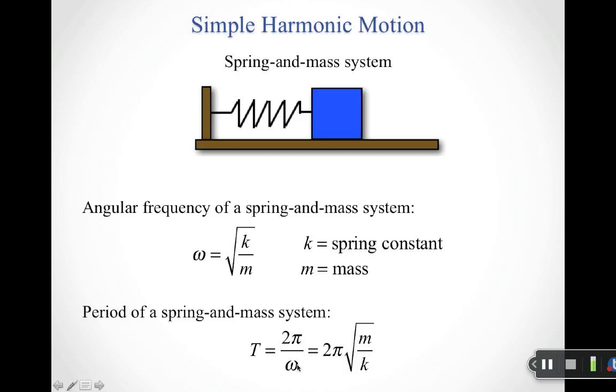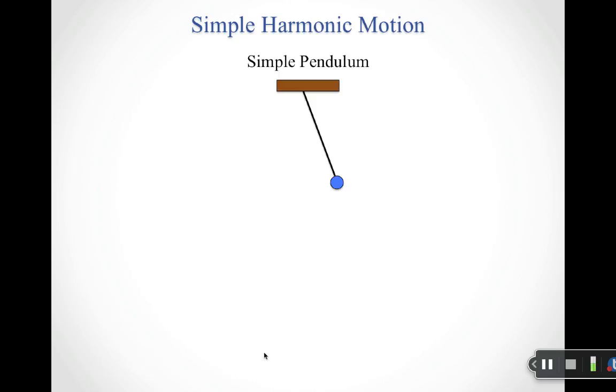The period is then just 2 pi over omega, so 2 pi over the angular frequency, and now I flip my fraction over: 2 pi times the square root of m over k. One of the things that always causes confusion is making sure that you've got the k on top in the angular frequency and the m on top in the period.